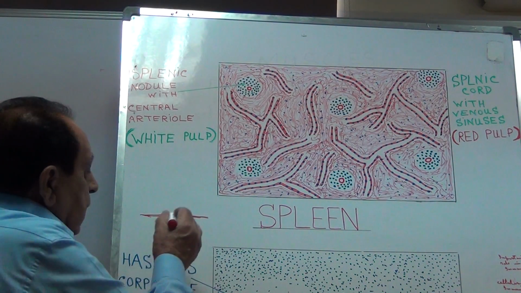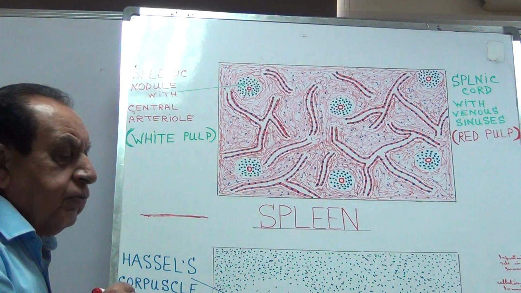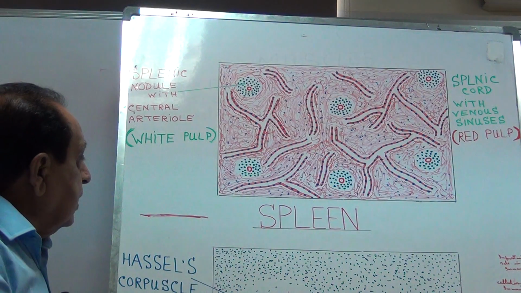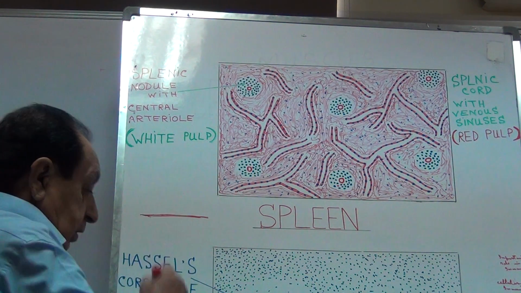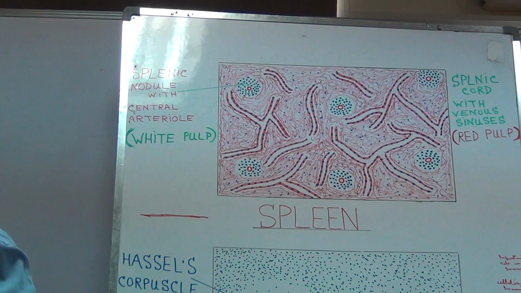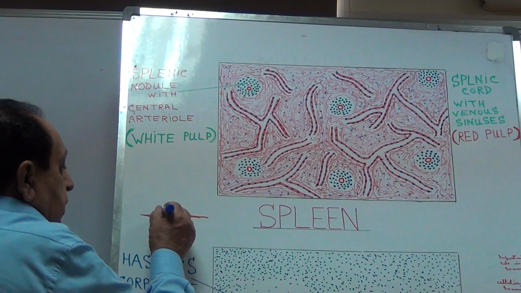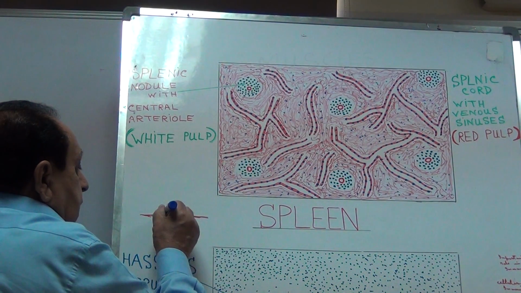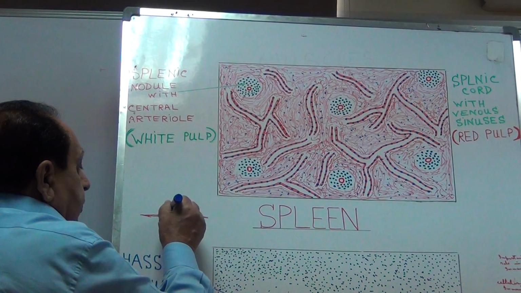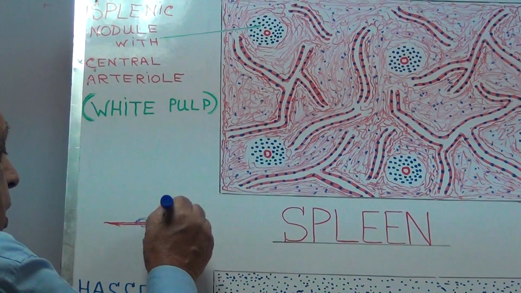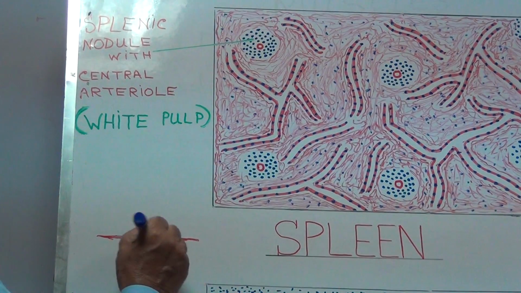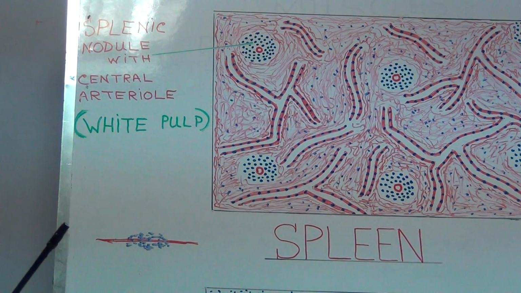it loses the collagen fibers in its adventitia, and these collagen fibers are replaced by the reticular fibers. These are the lymphocytes.